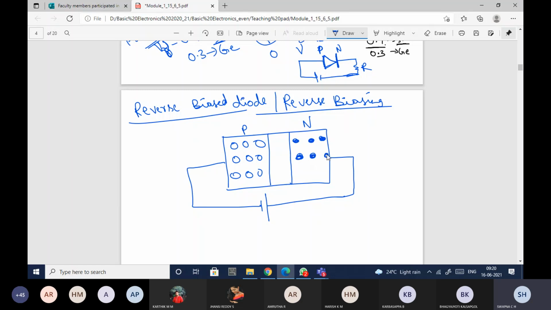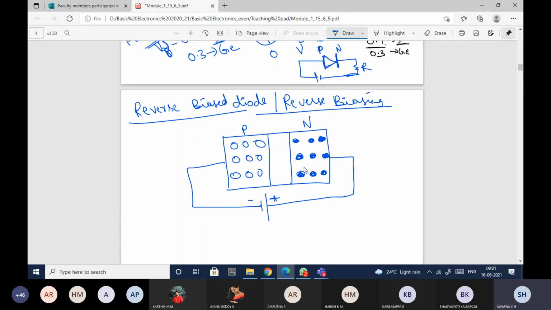This is negative and this is positive. Can anybody tell me what will happen here? The holes are positive and the electrons are negative. So what happens here?